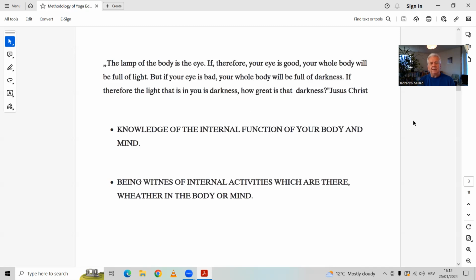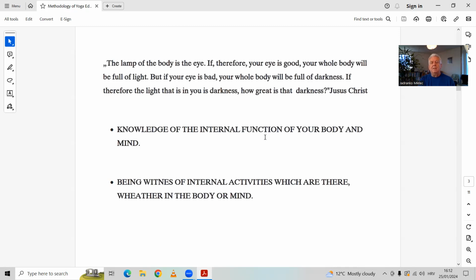So we can see that the very ancient experts in yoga and Jesus Christ were giving the same instruction. So what is important is, as I said, knowledge of the internal function of our body and mind.